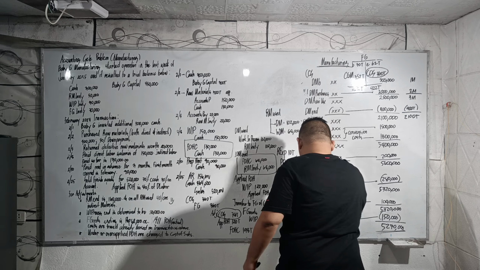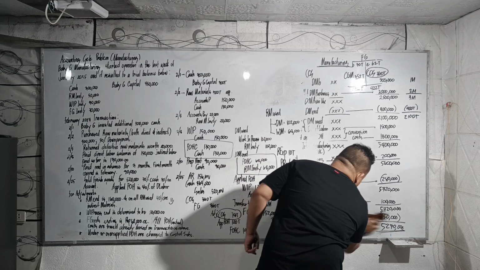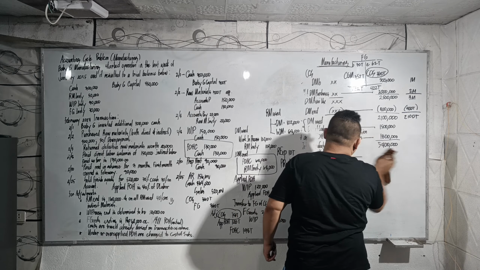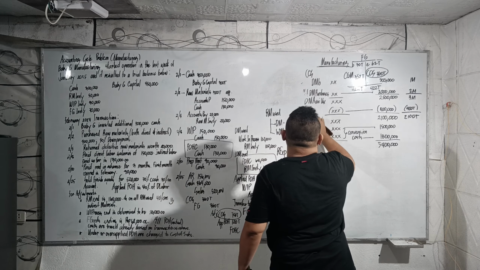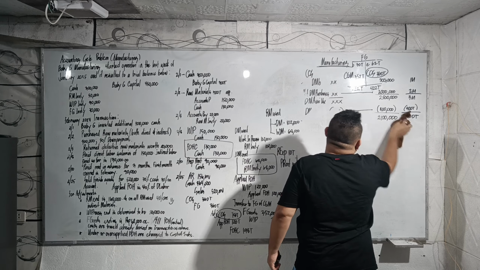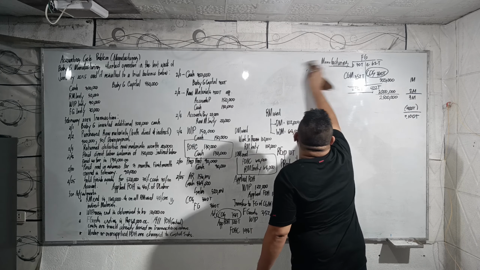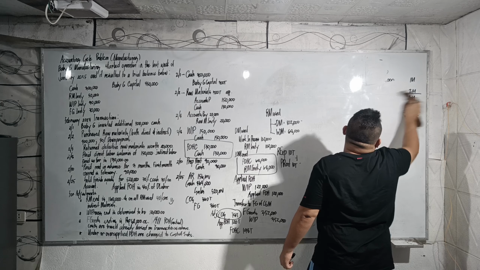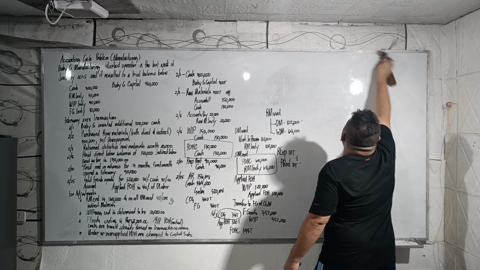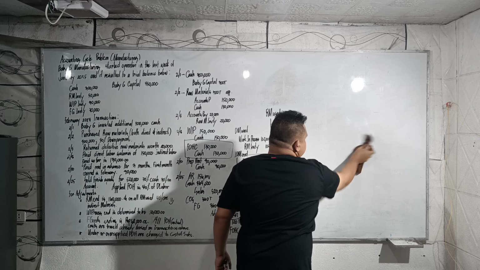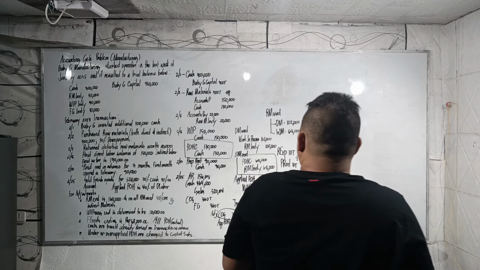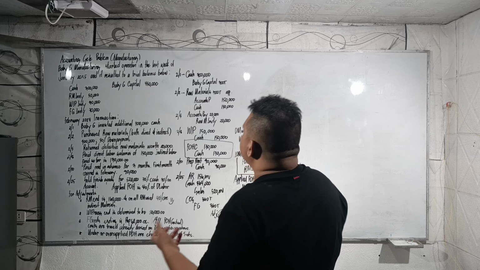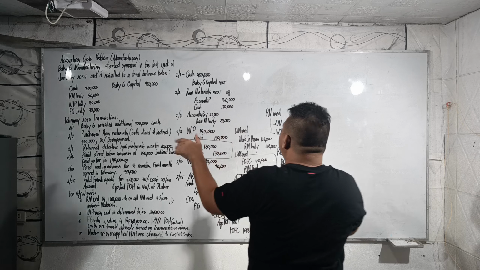Yes, we can have the entries here. Those are the products of step 1, identification of transactions, analysis, and the recording of transactions. Now, let's put that to the T accounts.